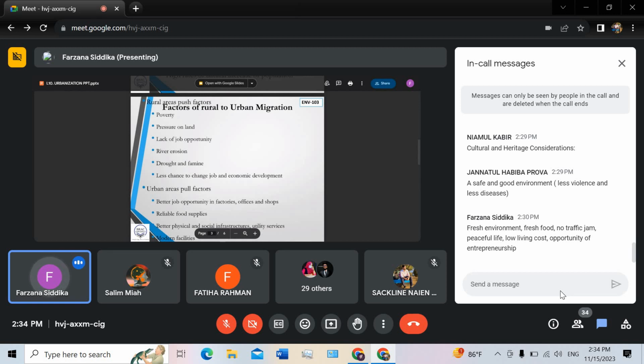That's why if you want to run your own business, you have to choose an area from your hometown or from the rural area. So rural area always offers entrepreneurship. Okay, so these are the pull factors for the rural area.